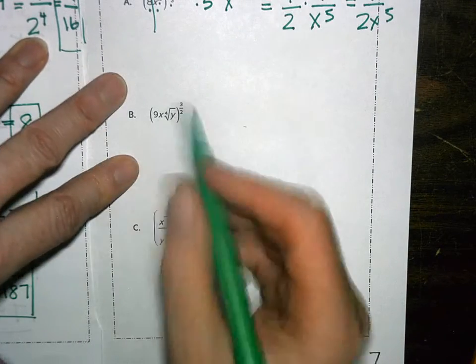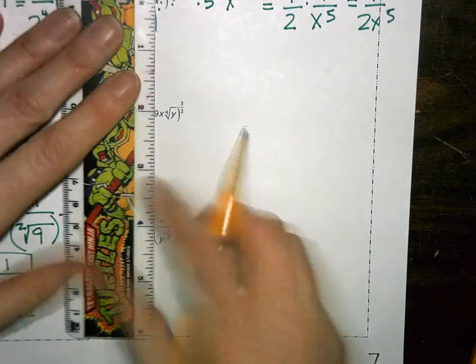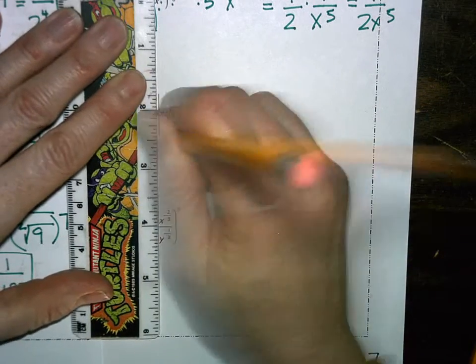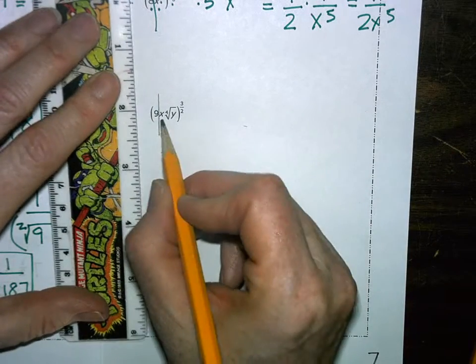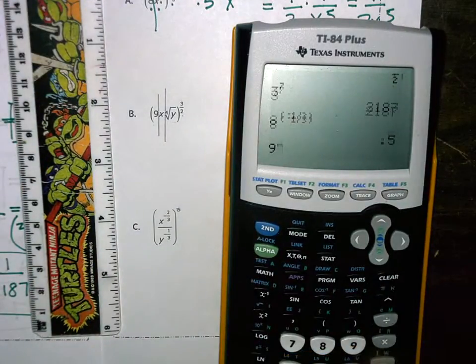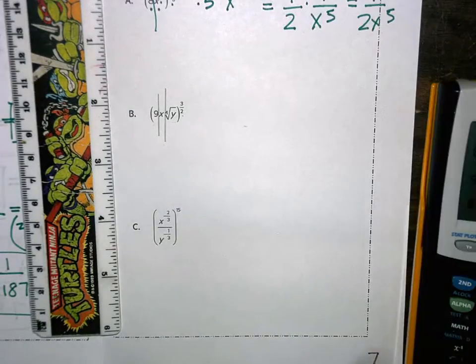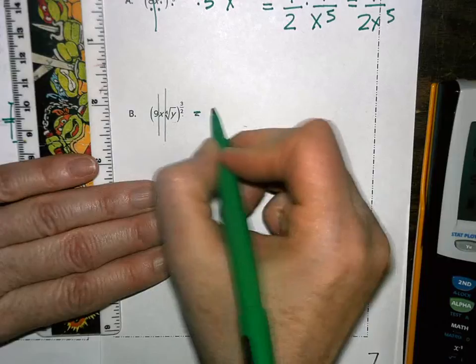Now realize, I'm going to draw lines. I want you to see that this is really 3 different calculations. 9, x, and y. I take them each to the 3/2. So 9 to the 3/2 is 27. Do them all separately. 27.